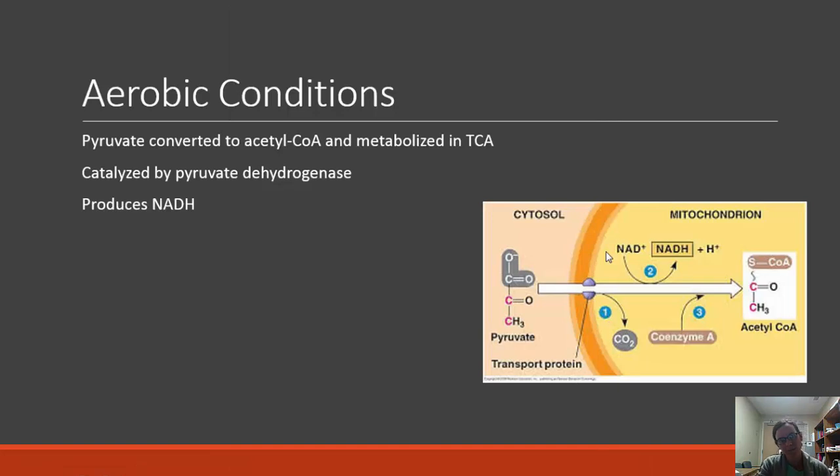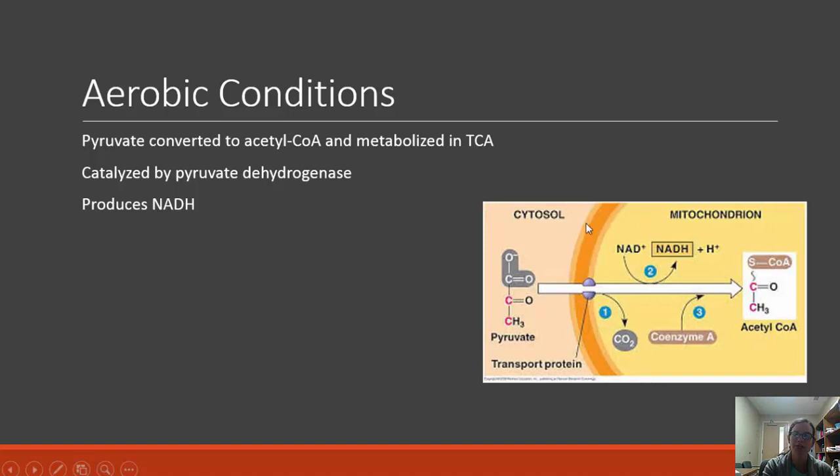Okay, so we've talked about glycolysis. Now we know what happens next really depends on what our conditions are, and specifically if we have oxygen available to us. Now, if we do have oxygen available to us, then the pyruvate is going to be transformed into acetyl-CoA, catalyzed by pyruvate dehydrogenase, and it's going to enter into the mitochondrion.